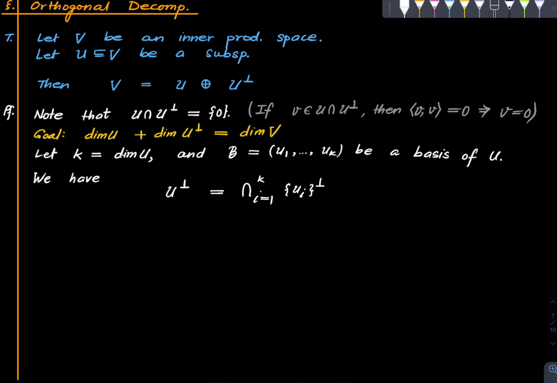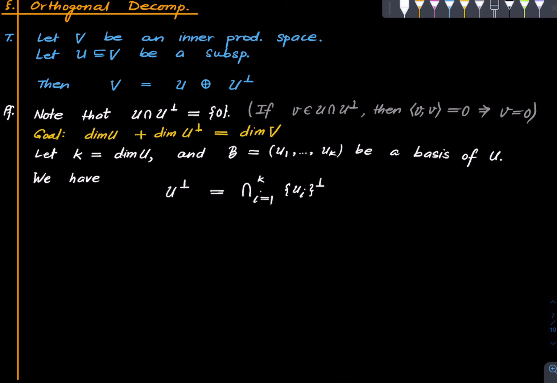This is because this is a spanning set. This is a tuple, but you make a set out of it. So this is a spanning set for U. Hence, the orthogonal complement of this set is the same as the orthogonal complement of U. But the orthogonal complement of this set is the intersection of the orthogonal complements of all the things in the set. And hence, we have this equation.